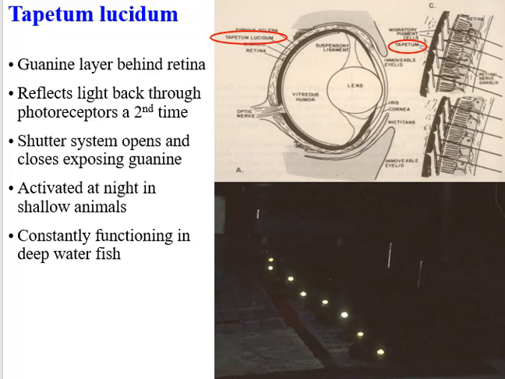So in shallow water organisms that can see well at night, nocturnal organisms, and terrestrial organisms that have this tapetum lucidum, these shutters open and close. They're closed in the daytime because you don't need all this extra light, and they're open at night to reflect whatever little light there is and use your photoreceptors twice, basically. Have light pass through the photoreceptors twice.